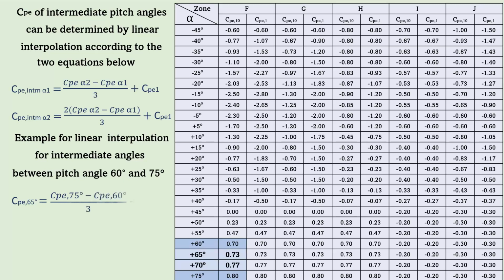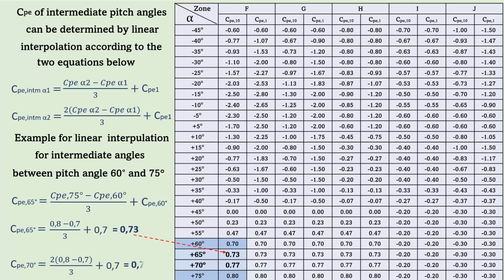CPE of 65 equals CPE 75 minus CPE 60 divided by 3 plus CPE 60. And this is the value of pitch angle 65. In the same way, we can find the CPE of angle 70 degrees. And this is the value of the intermediate angle 70 degrees.